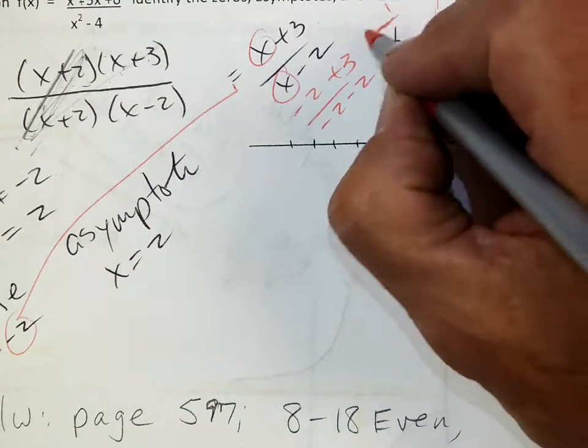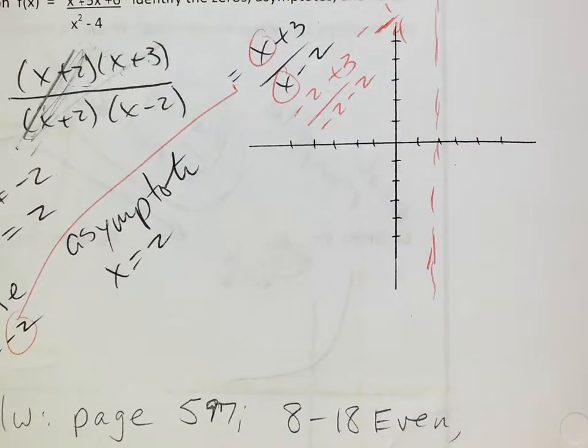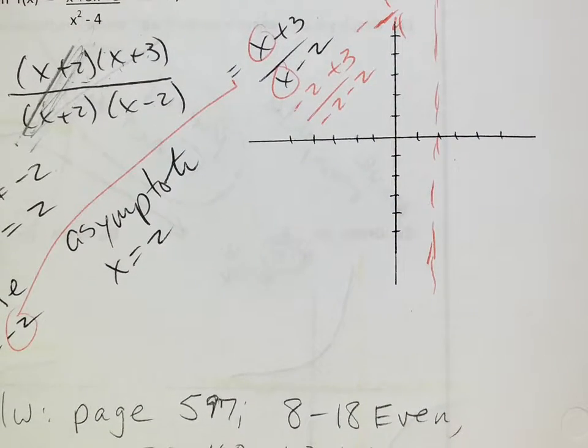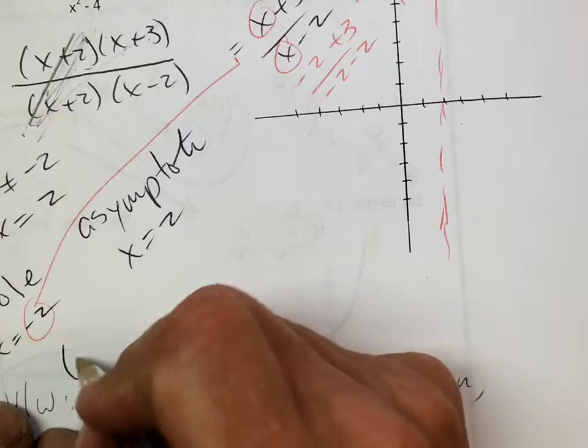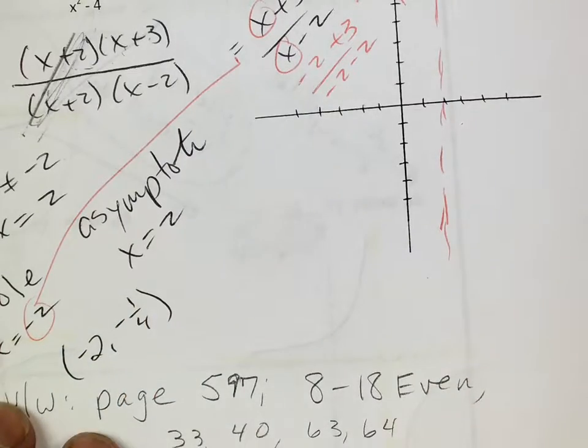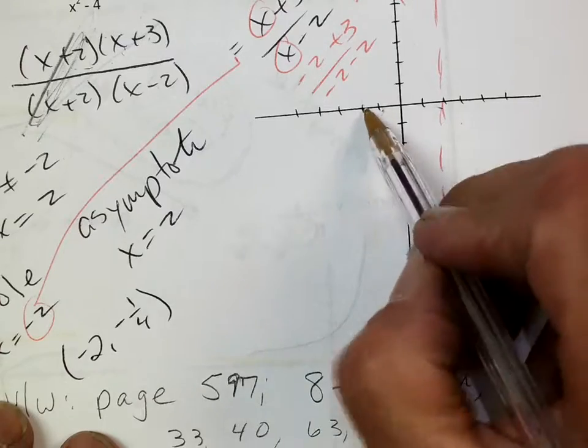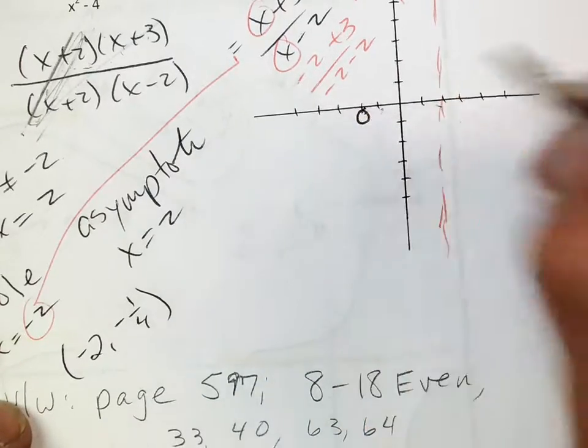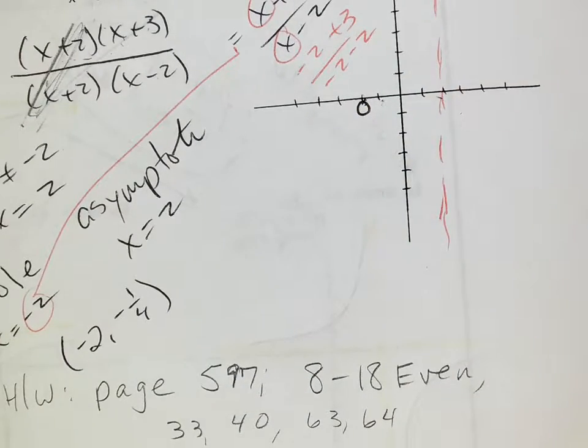So my hole has a coordinate. It's at (-2, -1/4). That might be right about there. So I'll put my little hole there. That's where my hole is, about (-2, -1/4).